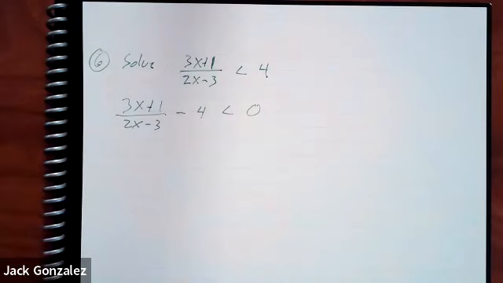Now, how do you subtract these fractions? Yeah, we need a common denominator. What is the LCD? What was that rule I showed you at the beginning of the semester, right?